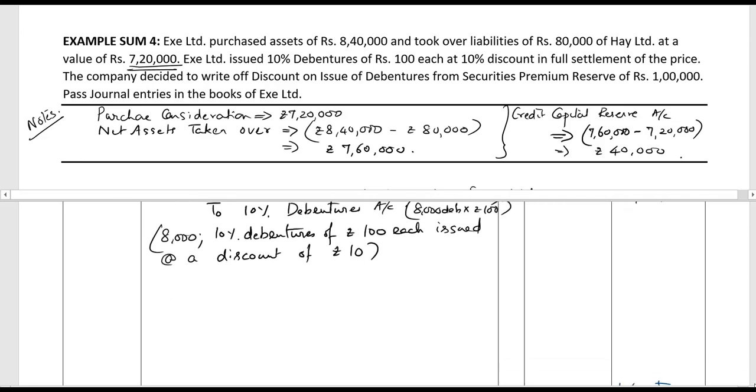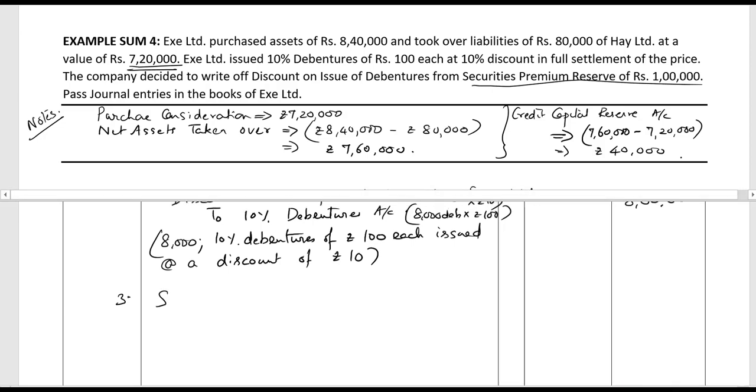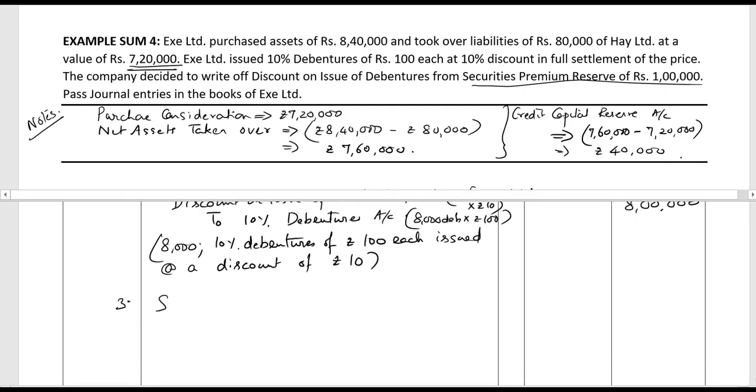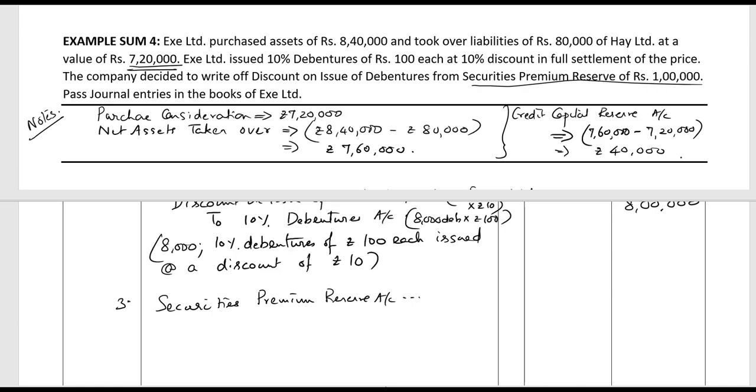And the final entry, we need to write off the discount on issue of debentures. The question says there's a securities premium reserve of rupees 1 lakh. The amount of discount to be written off is only 80,000. So we can use the securities premium reserve to the extent of 80,000 to write off the discount. Securities premium reserve account debit. We need to write off 80,000 discount on issue of debentures.